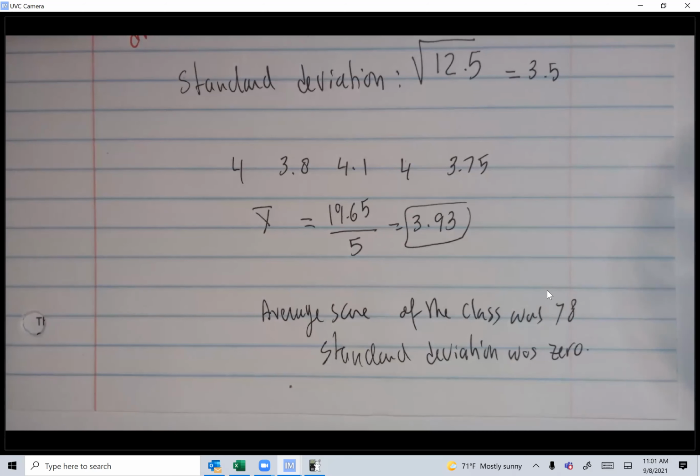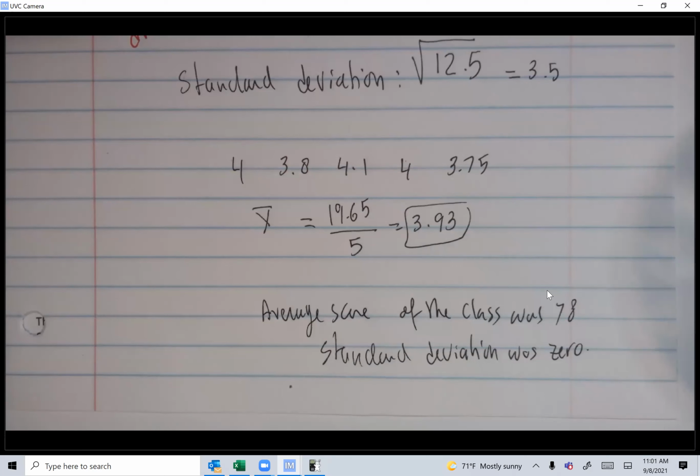What's the conclusion? They all did the same. Exactly, very good. 100%. They all did the same because when the standard deviation is 0, that means there was perfect consistency with the mean. That means everybody scored 78.